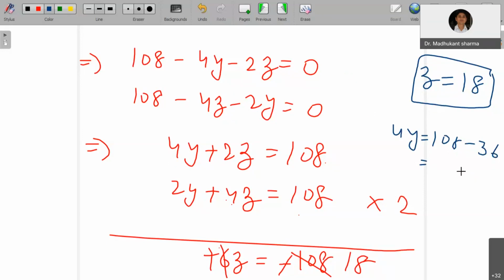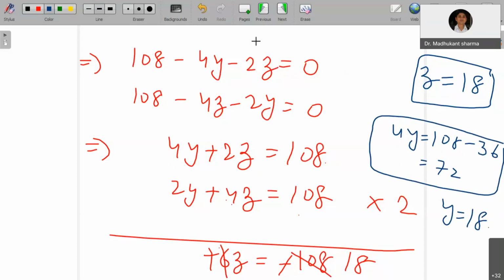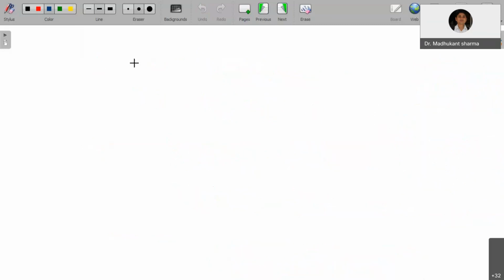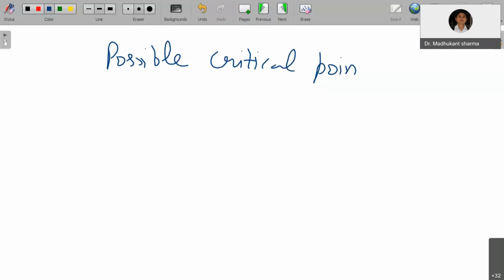So again, y is also 18. This also tells you that y is equal to 18. So the possible critical point is 18 comma 18.